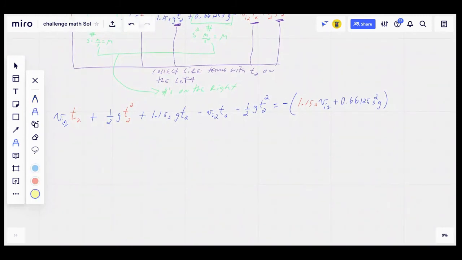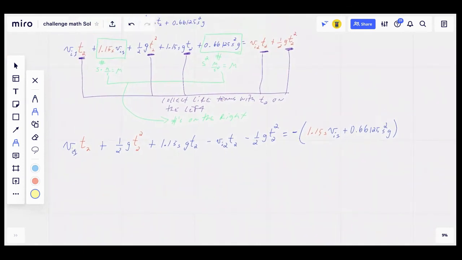Okay, let's look at this. Everything looks okay as far as bringing all the terms over together on one side of the equal sign. All right. So something I'm noticing here is I have a positive 1/2 GT2 squared, and I have a negative.